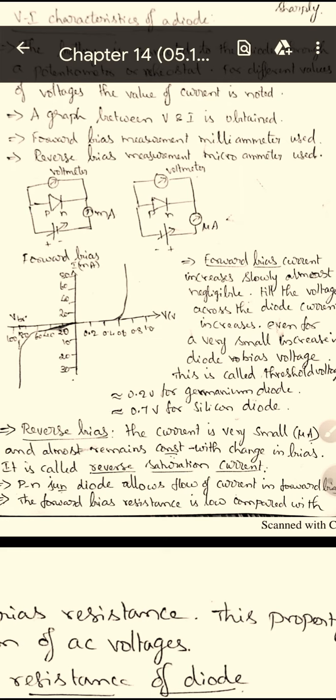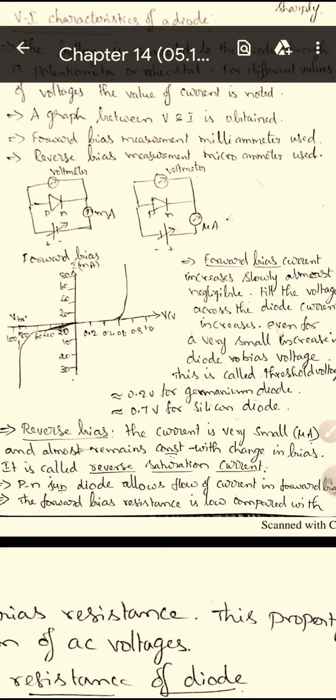The PN junction diode allows the flow of current in forward bias only. It does not allow the flow of current in reverse bias. The forward bias resistance is low compared with the reverse bias resistance.